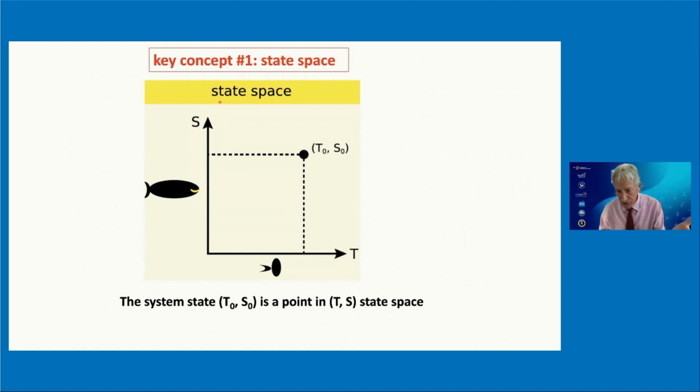If it's a 5-dimensional system, then we have a 5-dimensional state space. And we have simple rules for manipulating vectors, which are n-tuples in state space. So we simply need to get across the very deep concept that the system state is a point in state space.